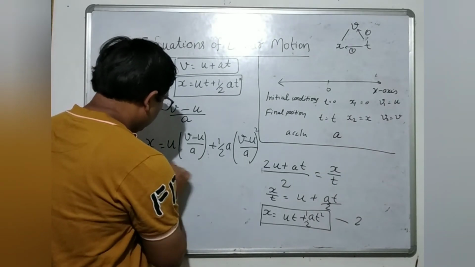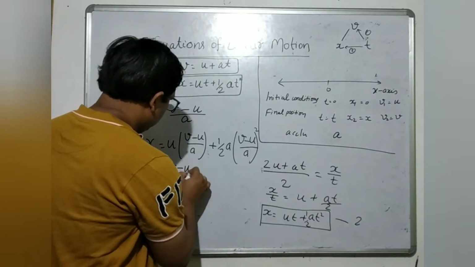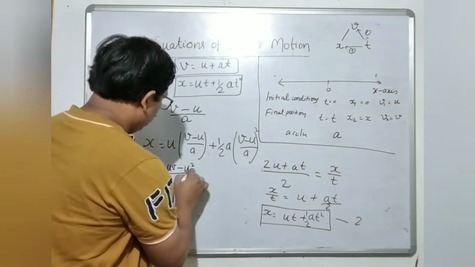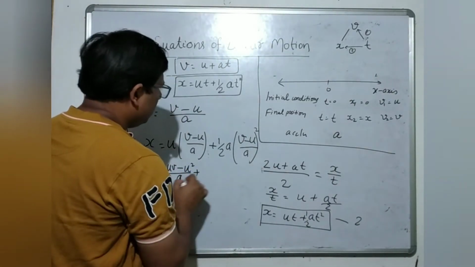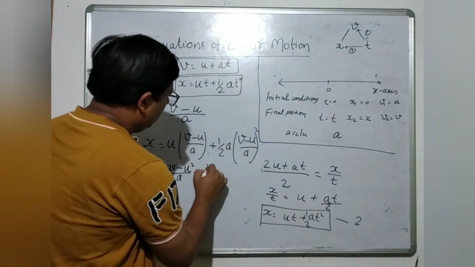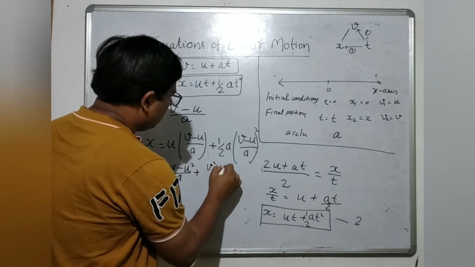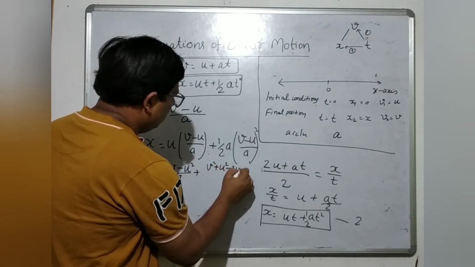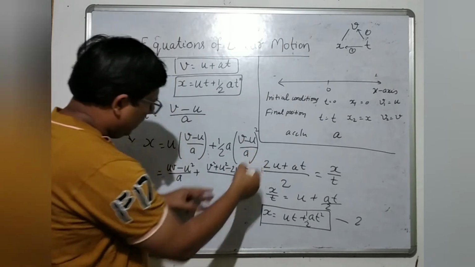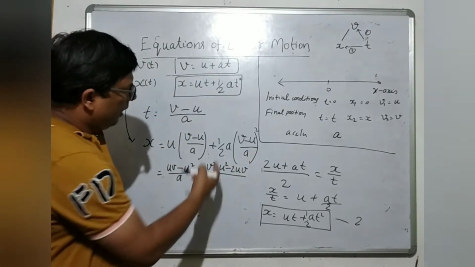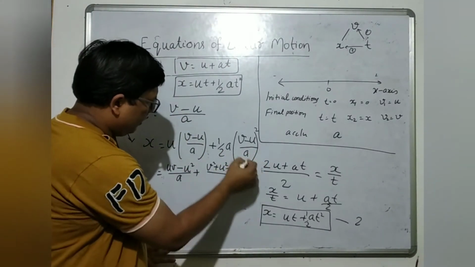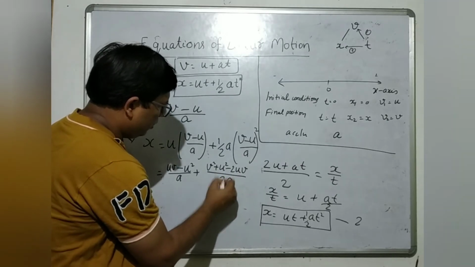This is (uv minus u square) upon a plus (v square plus u square minus 2uv) upon a square, with a in the bottom. So you just have to cancel from a, so that a 2a will remain.